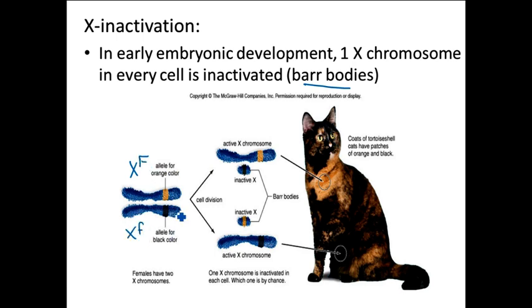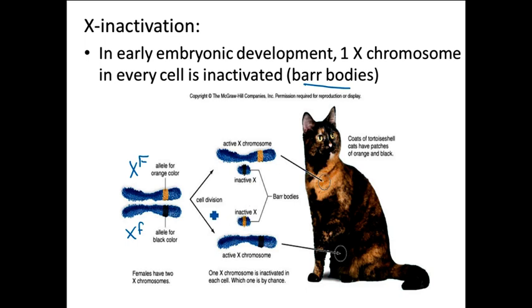So in the embryo, both of these alleles are present. In early embryonic development, when the embryo is just a cluster of cells, about half of those cells will have the X chromosome with the little f inactivated, and only the orange one would remain active. Okay? Those cells then continue to divide and would give rise to the orange patches on the cat.